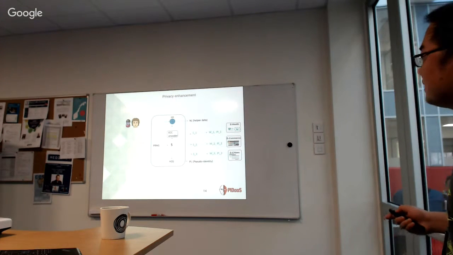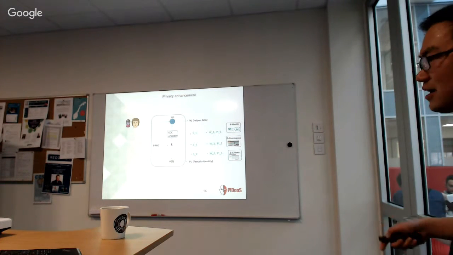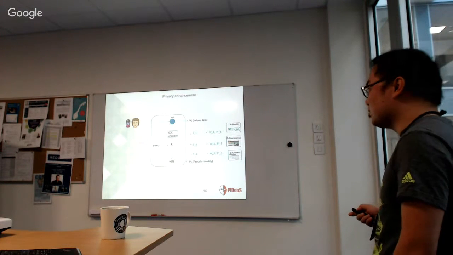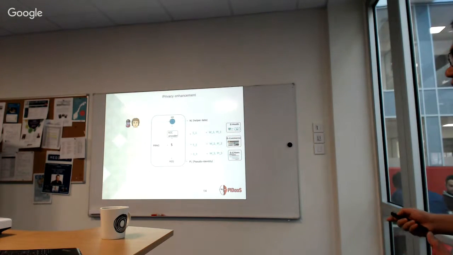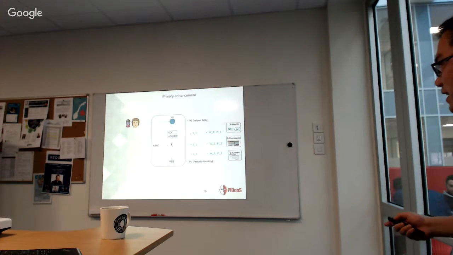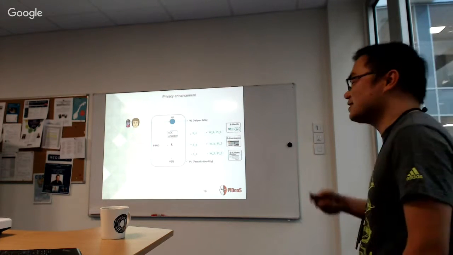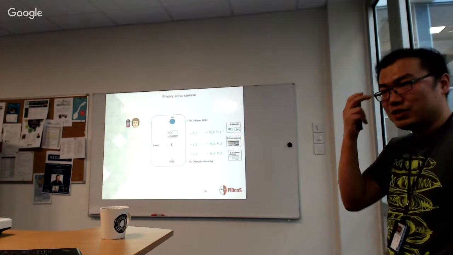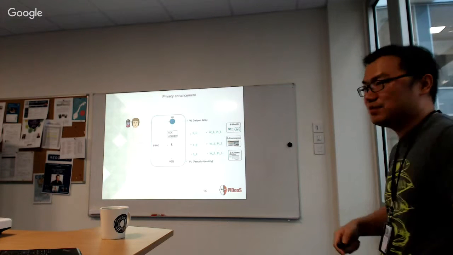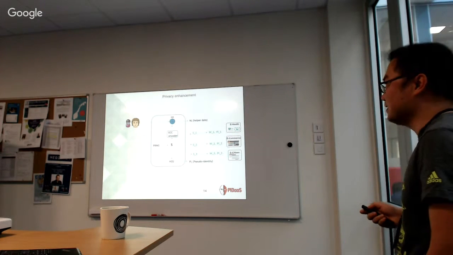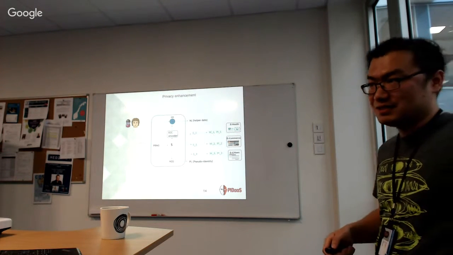So even if W1 and PI1 are compromised, it is impossible to successfully authenticate for the rest of the 2 services. So this is the unlinkability requirement, which can also be achieved by using fuzzy commitment.